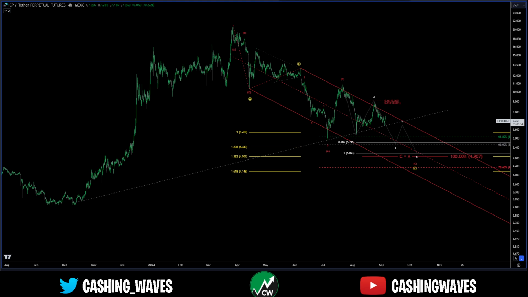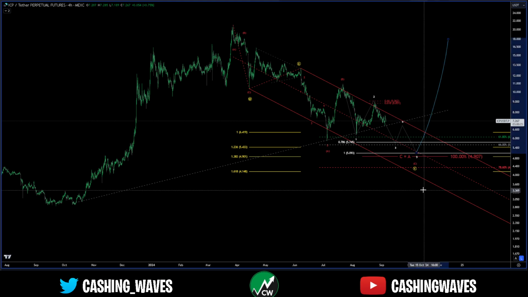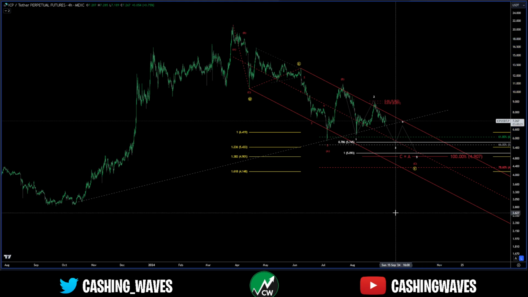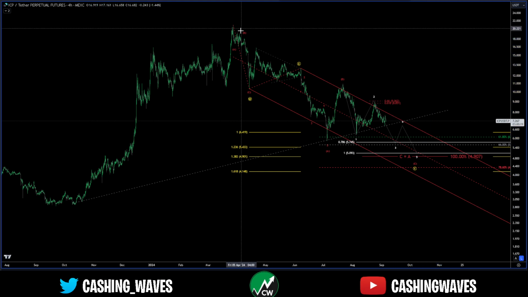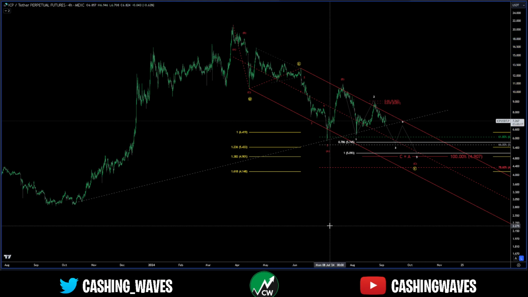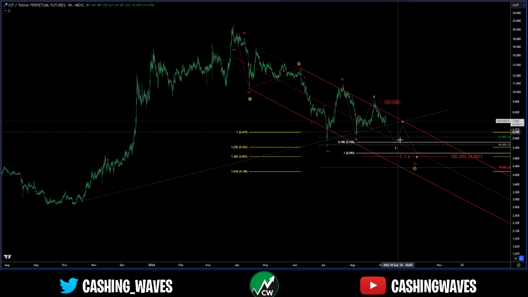So that's where I'm at, guys, looking for this diagonal to play out to around $5. See how long it takes, but this is my expectation before we do move to the upside. Targets will all change for that third wave to the upside, but this is now my primary count. ICP to $5.